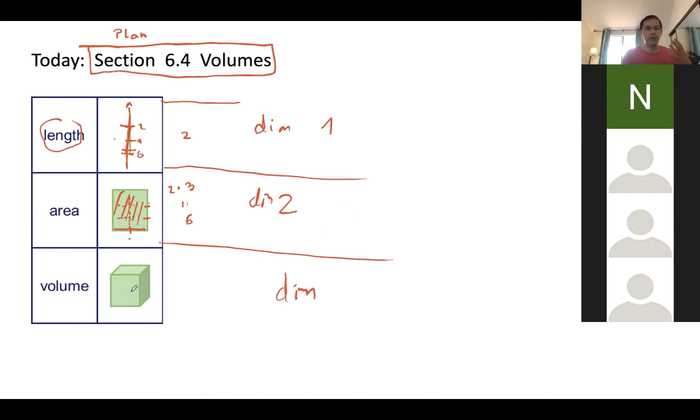For example, if I have this cube, it's not really a cube but a cuboid or something like this, then I know how to compute the volume of this thing. It would be this times the height. So this is dimension 3. This section 6.4 is about how to compute the volume of three-dimensional things.